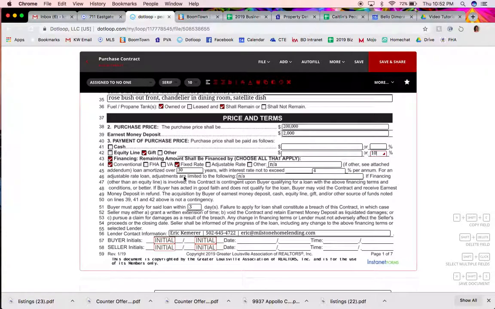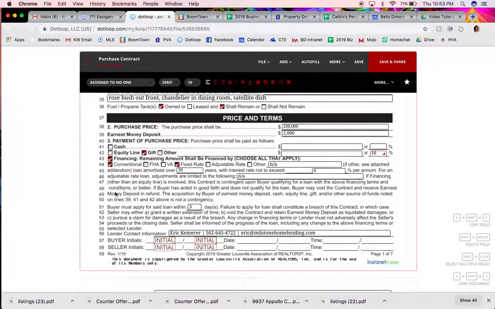So if you are representing the seller and you're seeing gift funds as a source of a down payment, then it would be very wise to ask for proof that that gift has been received within like 72 hours of acceptance. That way you can make sure there's not going to be anything wonky that goes on 30 days into this contract where all of a sudden grandma reneges on her promise to give 10% down. So just be aware of that if it's a source.